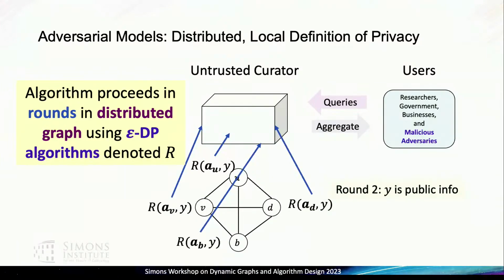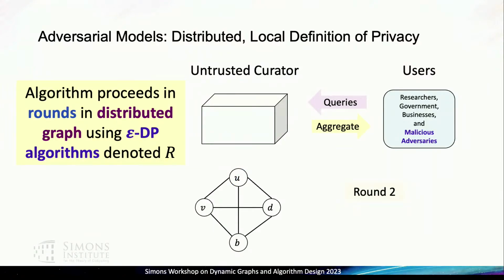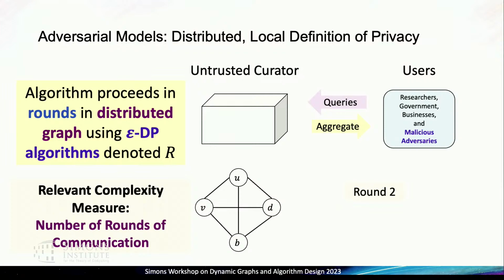The nodes now use their private information and this new public information to produce some additional outputs, send them back to the curator, and so on. You can do this via several rounds of the algorithm. And because we're talking about this, the relevant complexity measure that we care about here is the number of rounds of communication, as with any distributed algorithm.